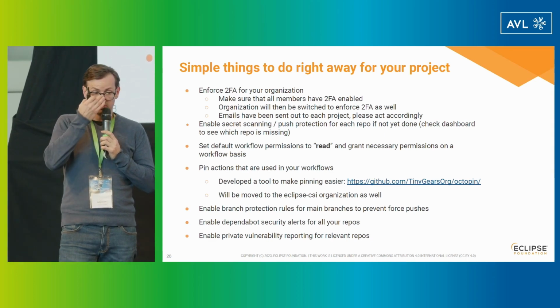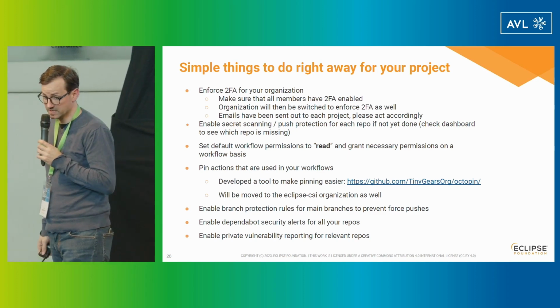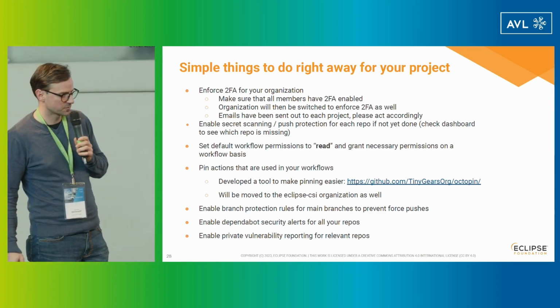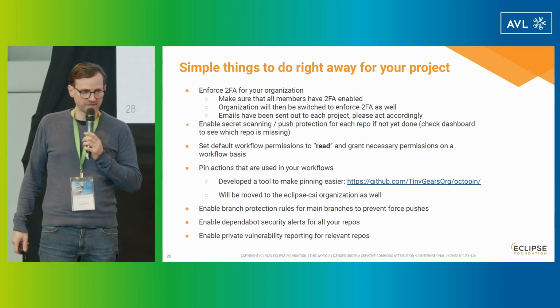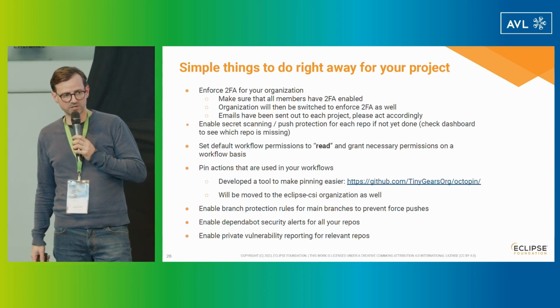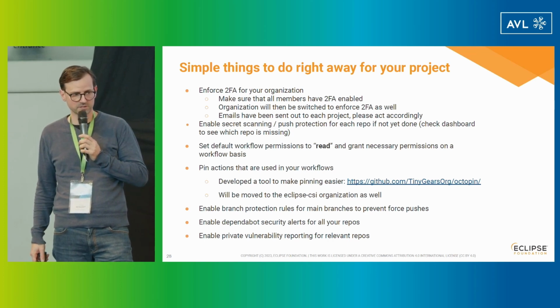So then I would like to highlight a few things that you can do immediately using the self-service in order to improve certain things. One of the first things is you should really make sure that two-factor authentication is enabled or enforced for your organization.